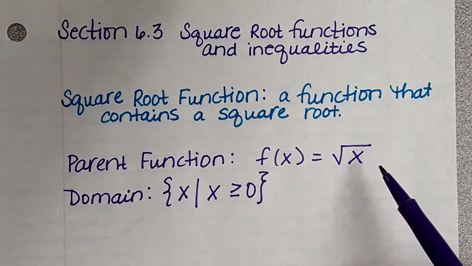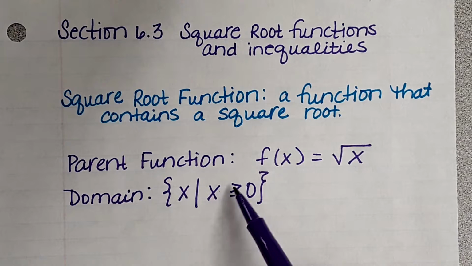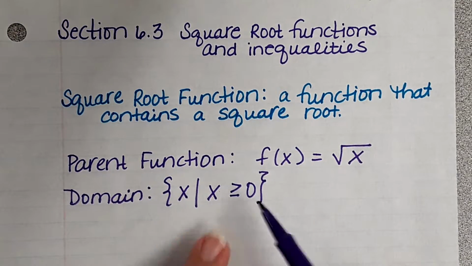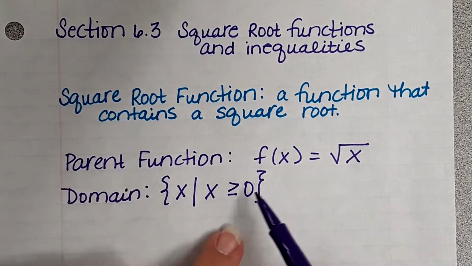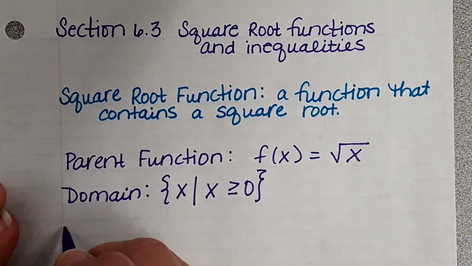And I'm going to tell you how to find the domain. Every time you solve for that x, the x is always going to be greater than or equal to a number. It's never going to be less than. Your domain is always going to be this way, but the 0 will change. But for the parent function, it's always 0.